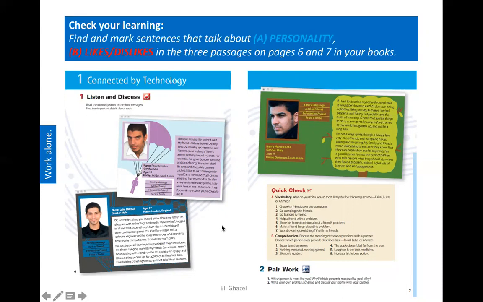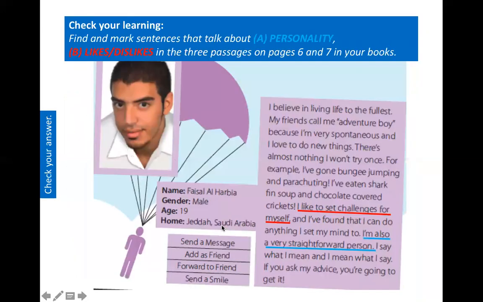Again, we need to help them at the beginning, but when we give them feedback, I projected this on the screen. The red is the likes and dislikes, and the blue is the personality. Like, I'm also a very straightforward person. A very straightforward person is describing the I. I like, what do you like?